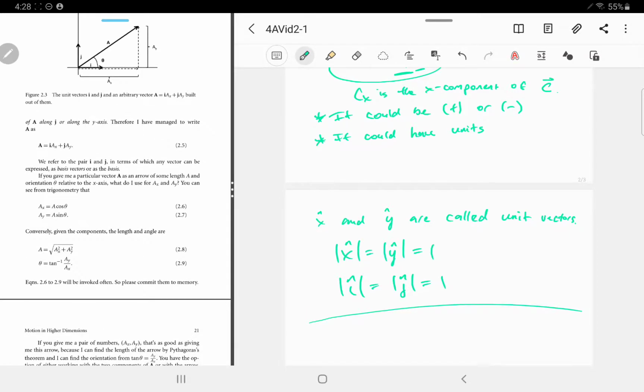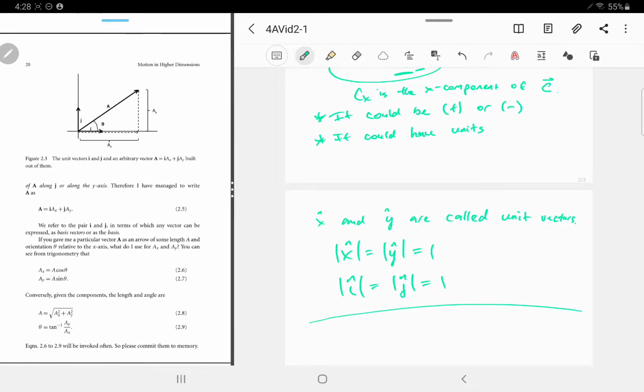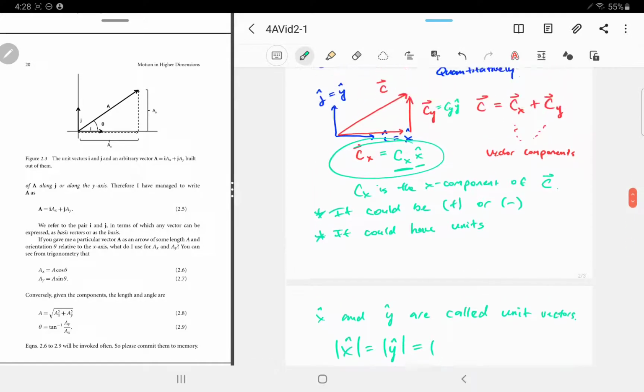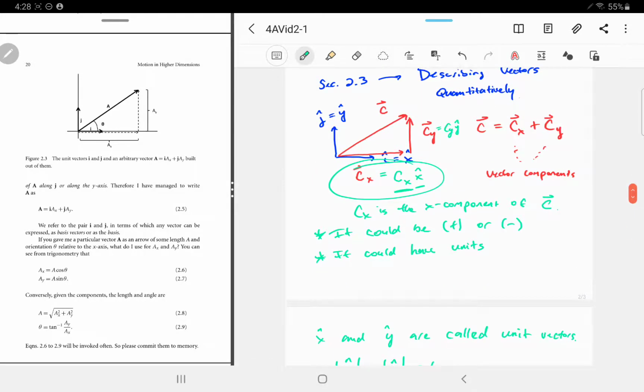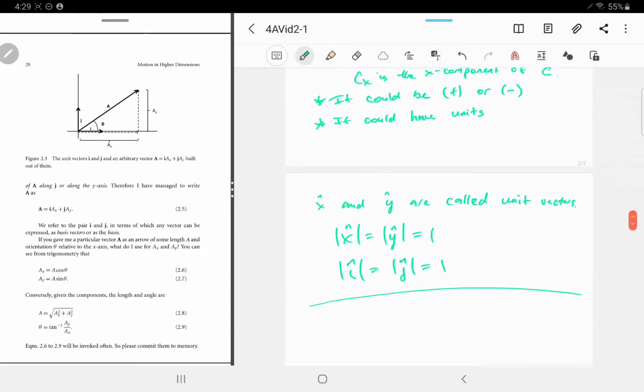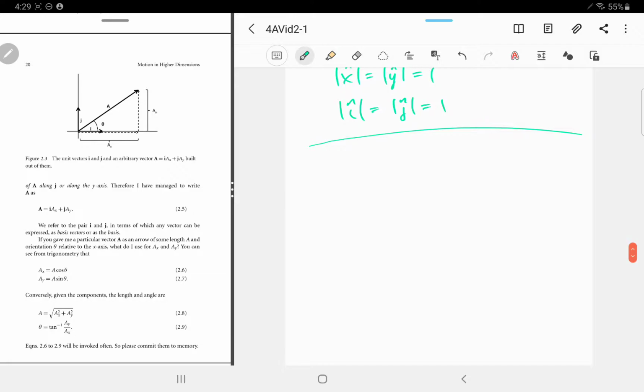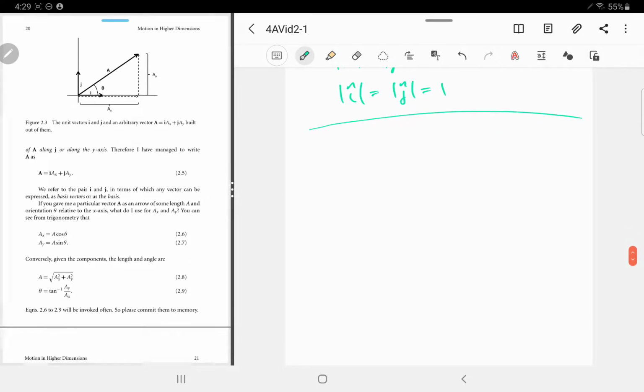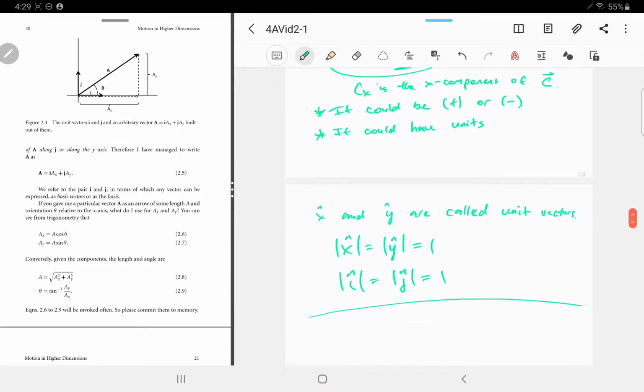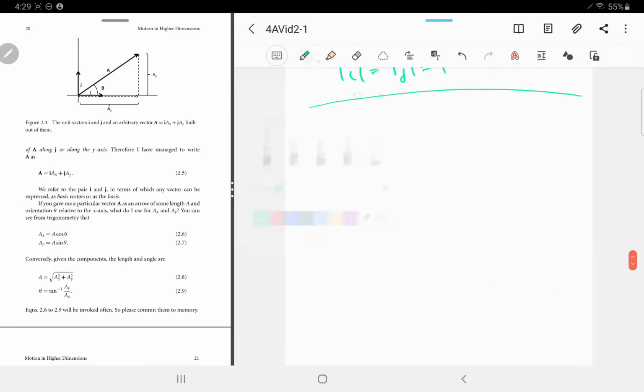Okay, so we need two pieces of information to specify a vector. So this vector C, if we knew its two components, Cx and Cy, if we knew those two numbers, we would know exactly how vector C points. But there's another way that you could specify the vector, and that is with magnitude and direction.